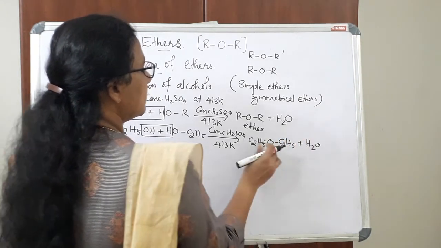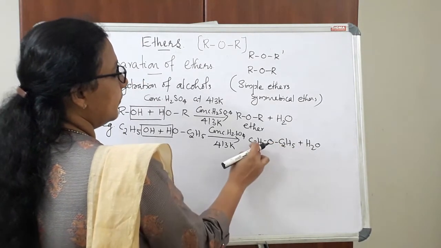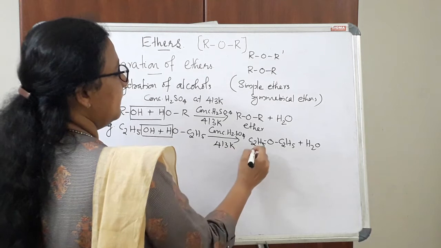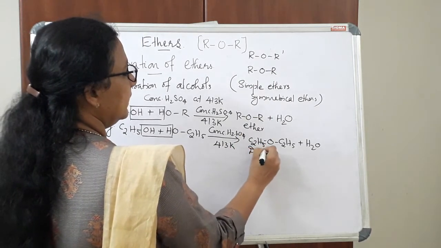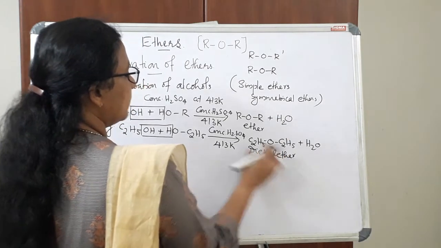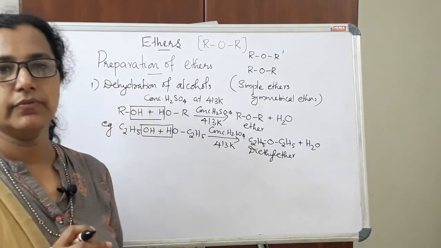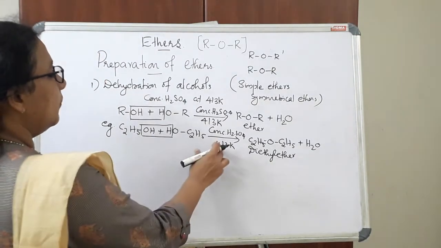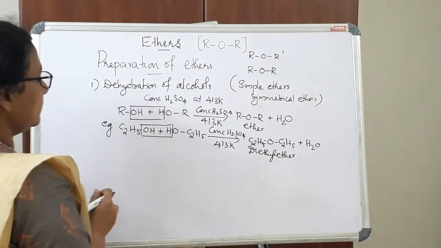In this case also we can see both the alkyl groups are the same, C2H5, C2H5, so it will be a simple ether. Here it is called diethyl ether. So diethyl ether is formed in this case. Anyway, dehydration of alcohols in presence of concentrated H2SO4 at 413 Kelvin gives a simple ether.